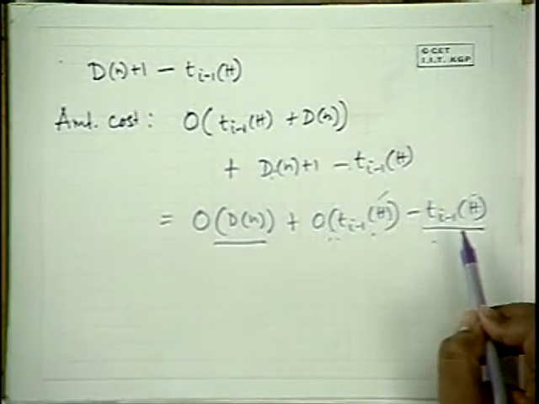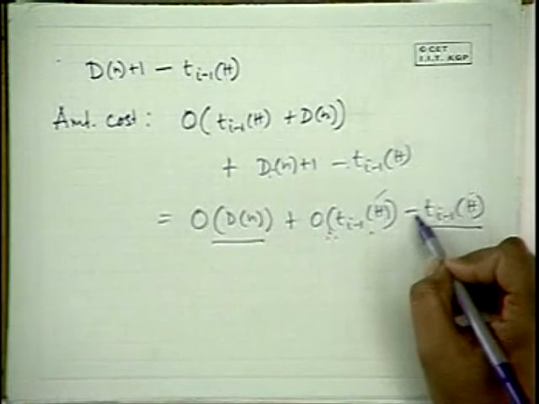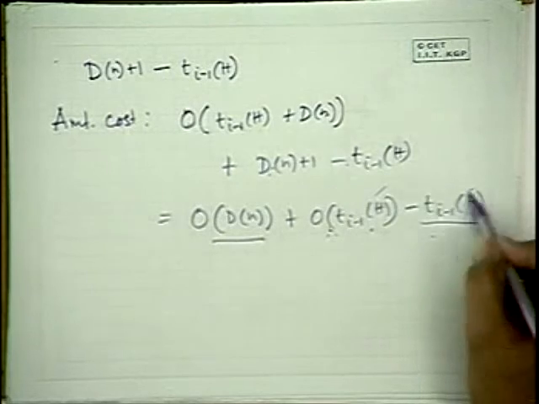But the point is, I could have used a potential function such that I increase the weight of the potential function that way. Instead of taking Ti minus 1 of h plus 2 times mi minus 1 of h, I take whatever constant you have here, and take more than that. In that case, this will have a larger factor than this one. This is basically called scaling. I will be scaling this part.